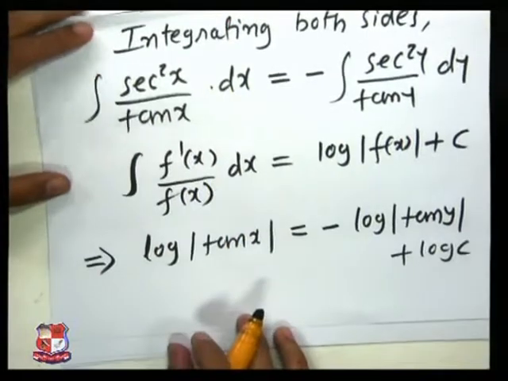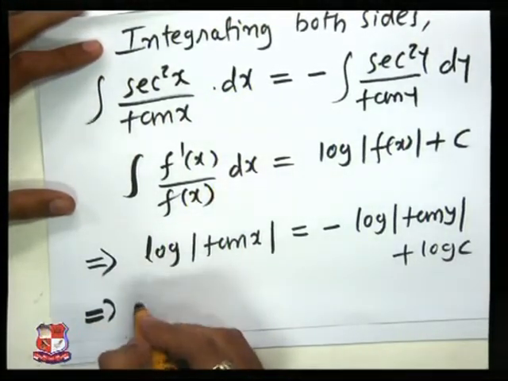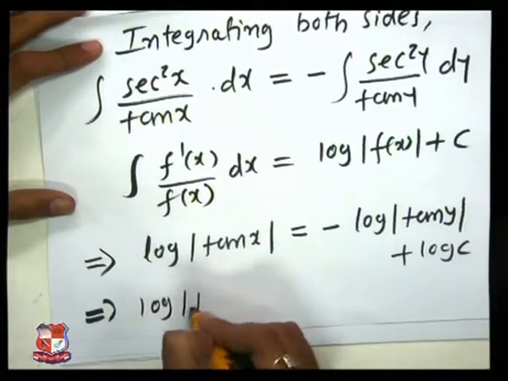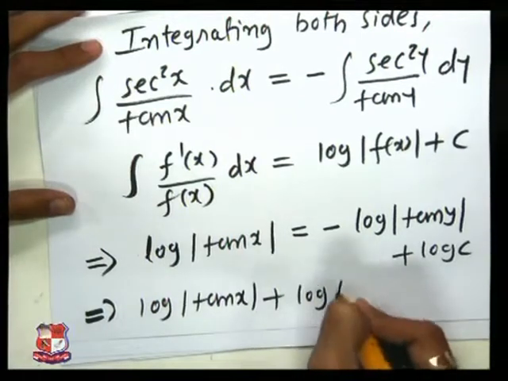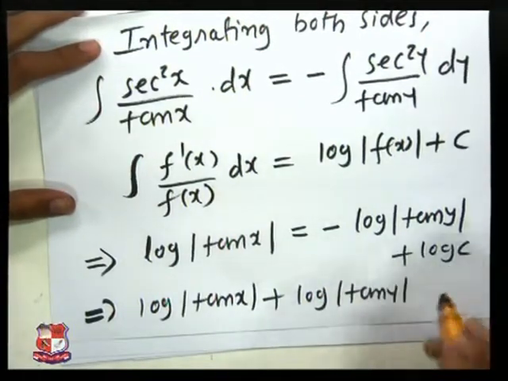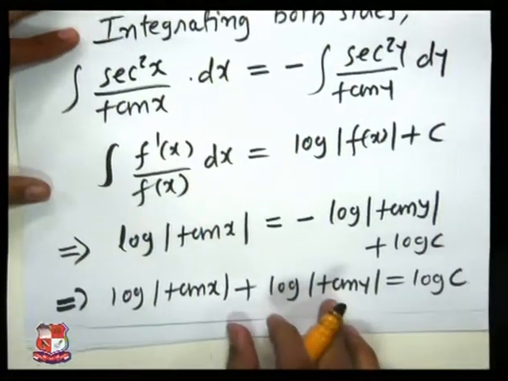By simplifying this we will get log tan x plus log tan y is equal to log c.